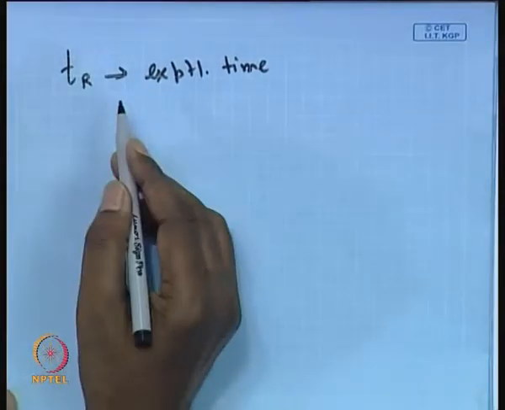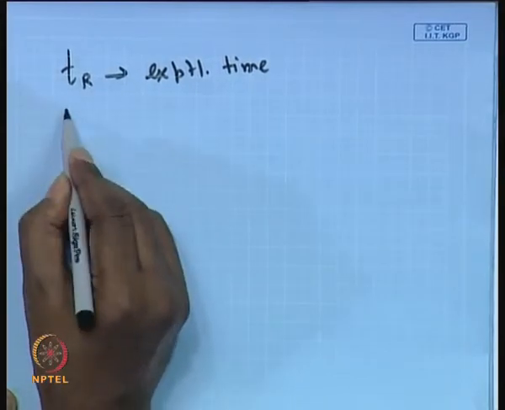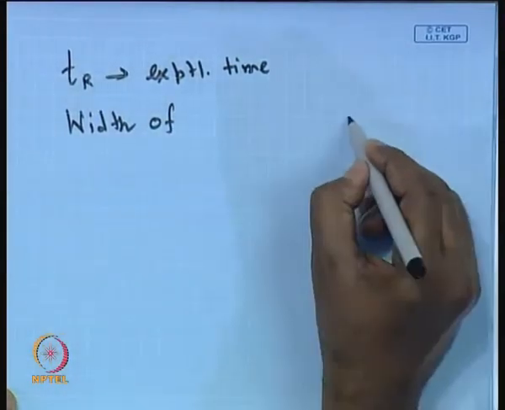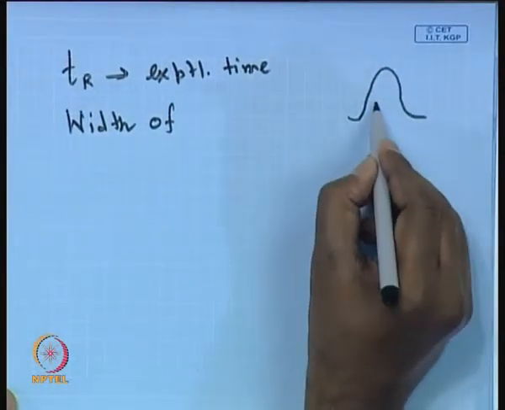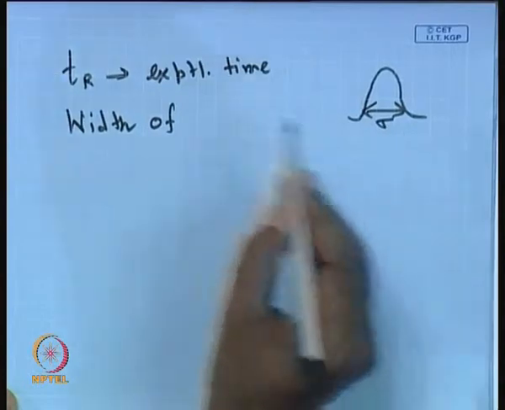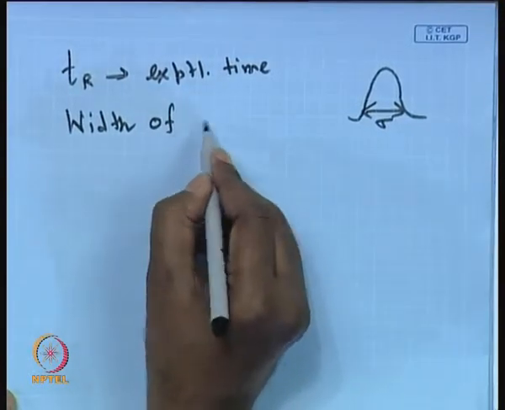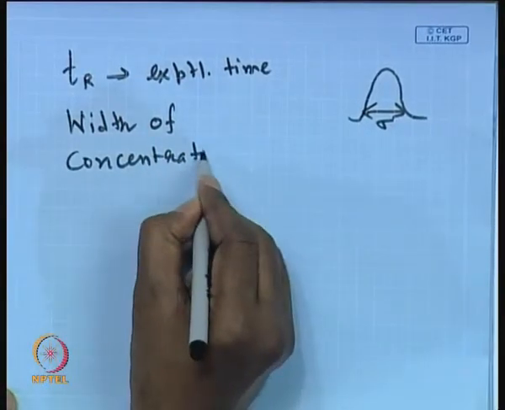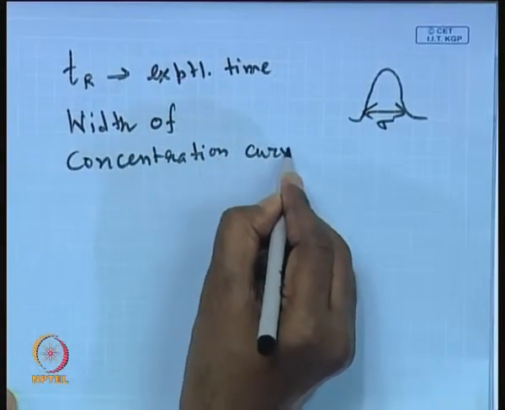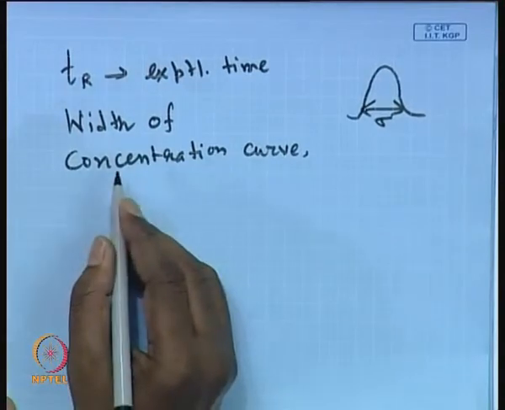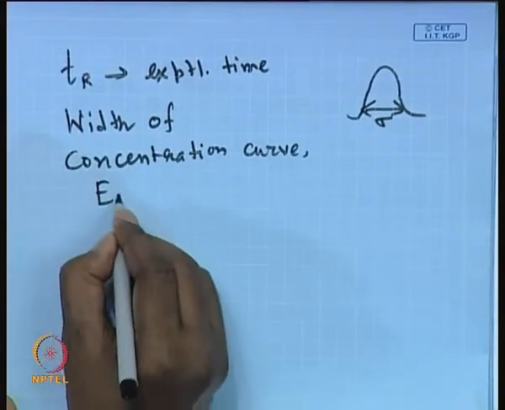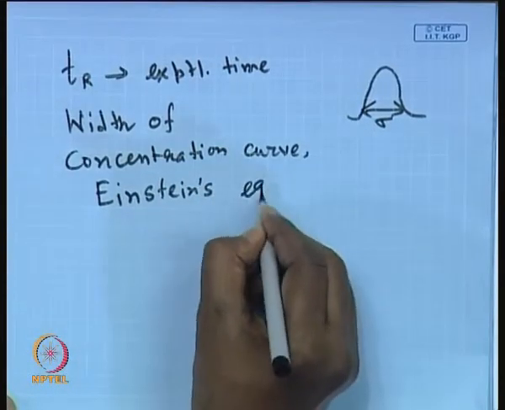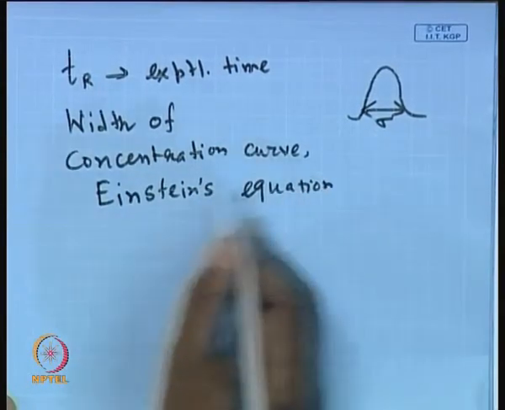Okay. The width of the concentration curve. Basically, the concentration curve that I will be getting at the exit has a width sigma I, and it is given by Einstein's equation. What is that equation?